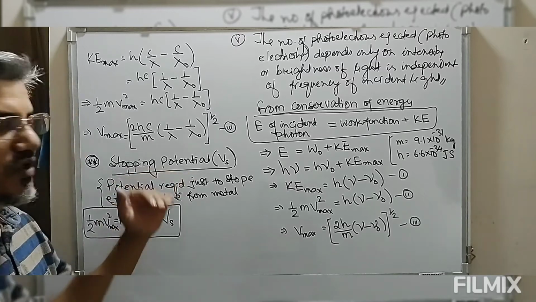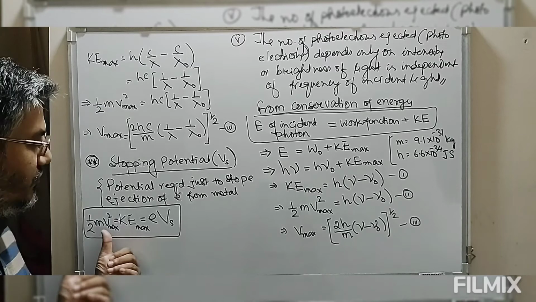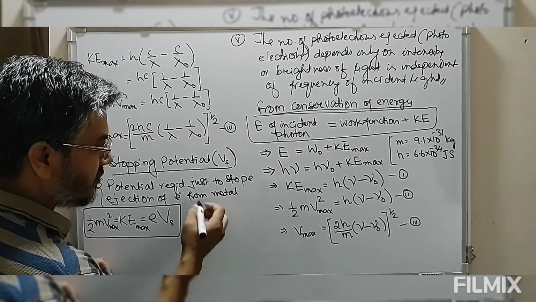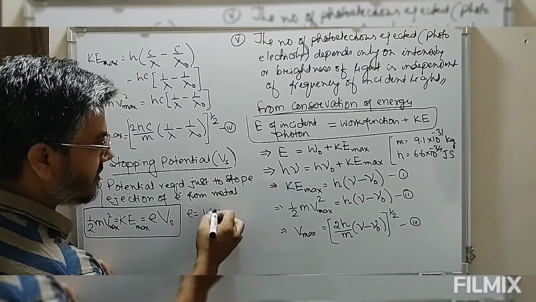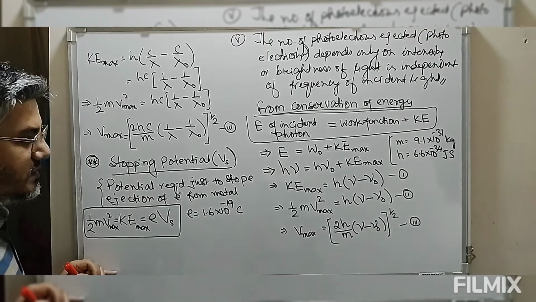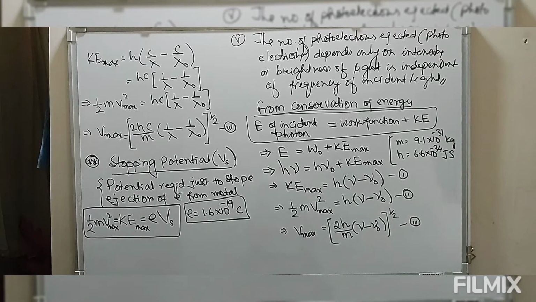Once the stopping potential is given, that means indirectly the kinetic energy of the ejected electron is given, which equals e into Vs. e is the electronic charge, which equals 1.6 into 10 to the power minus 19 coulomb, the charge carried by one electron.